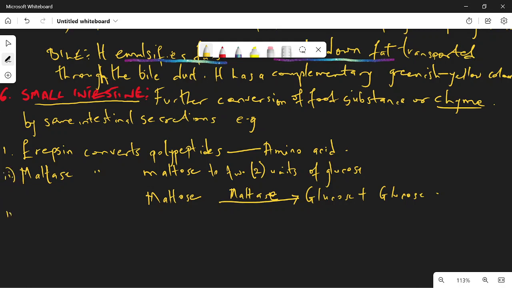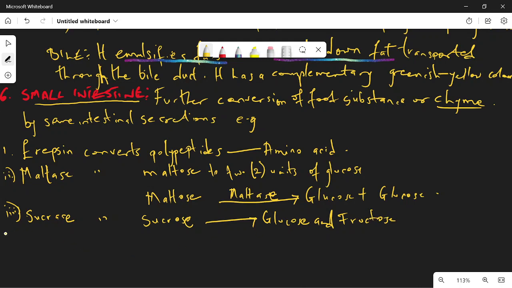We have another one. We refer to this one as sucrase. Sucrase converts sucrose to glucose and fructose.